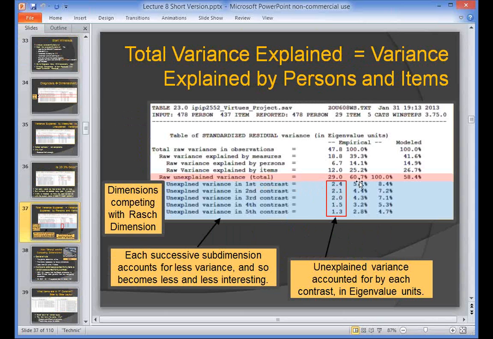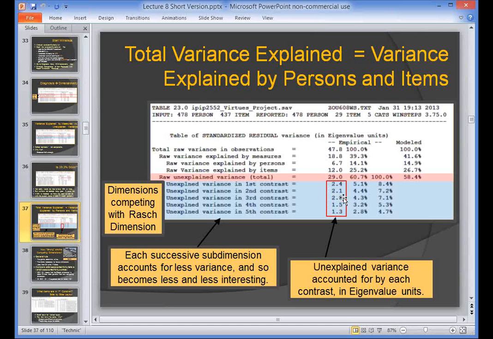And that's going to make up 5.1% of the variance. All right, and then the next one is 2.1, and the next one is 2.0. So this is how strong these competing dimensions are. As you can see, the first dimension is 2.4, the second is 2.1, the next one is 2.0.